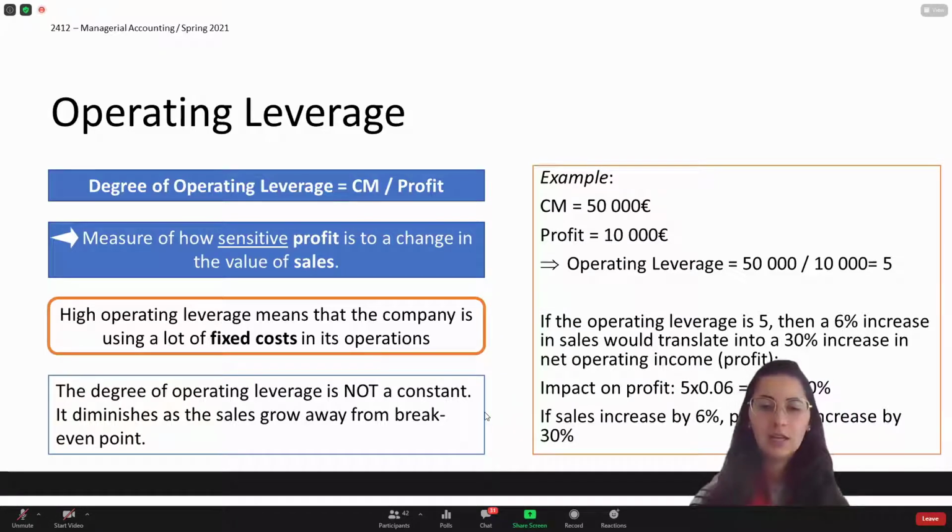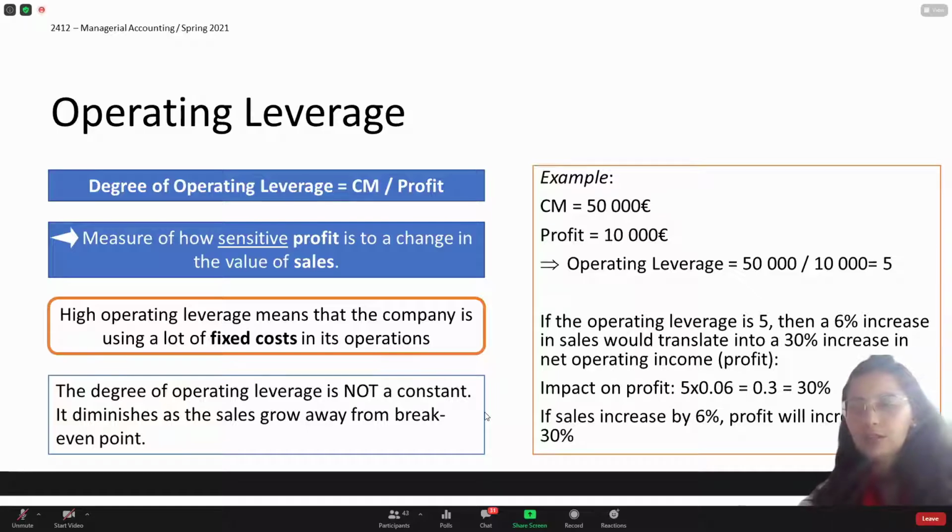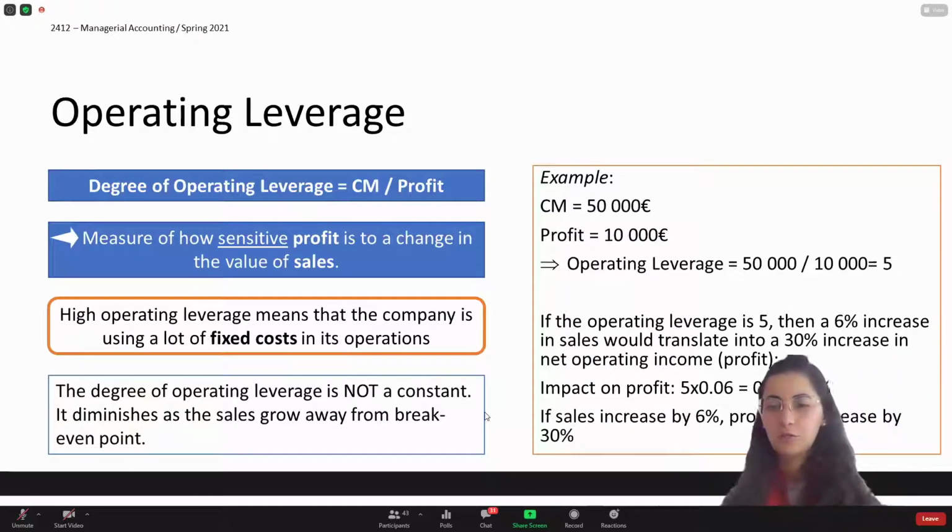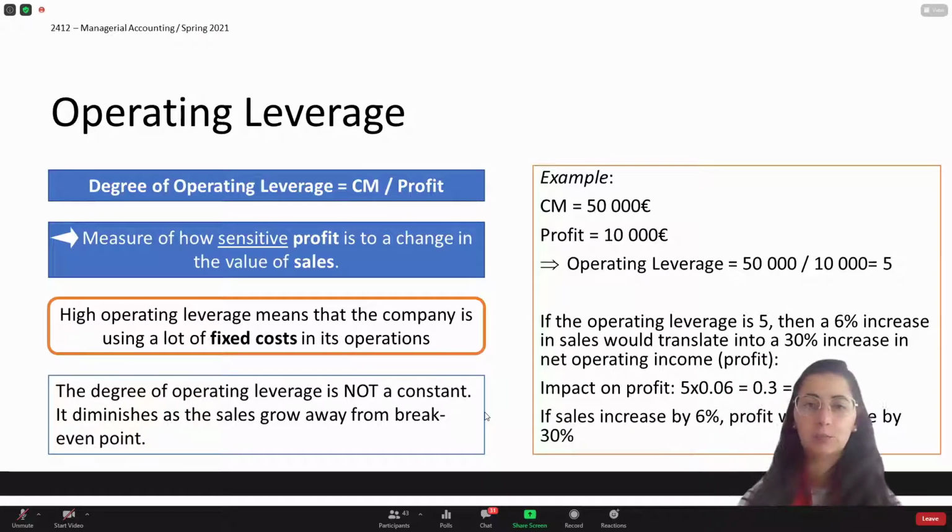How do we calculate? The impact on profit we can calculate as 5, which is the operating leverage, times the percentage increase in sales, which means that the change in profit would be 30%. So if sales increase by 6%, then profit will increase by 30%.